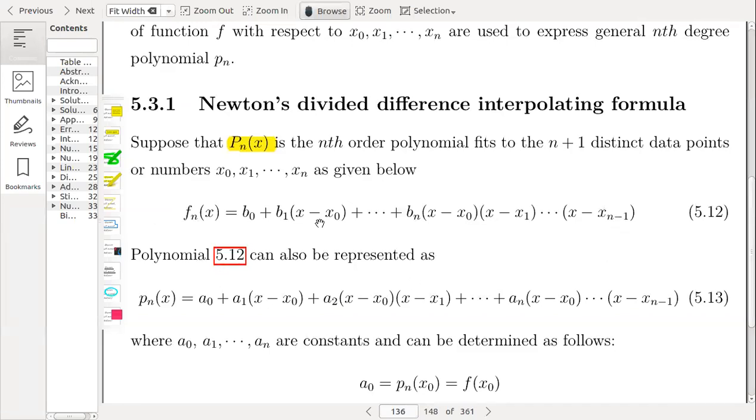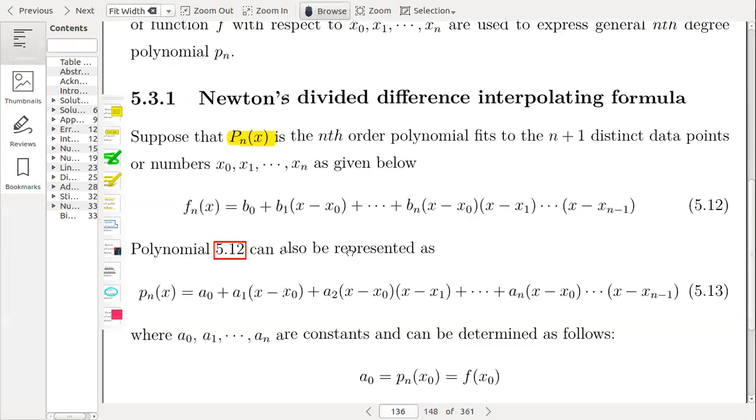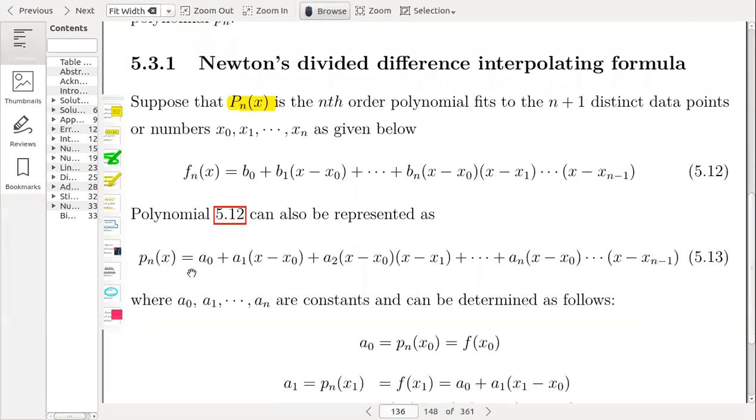So this polynomial can also be written as Pn of x equal to a0 plus a1 times x minus x0 plus a2 times x minus x0 into x minus x1, plus and so on, an times x minus x0 and so on up to x minus xn minus 1.